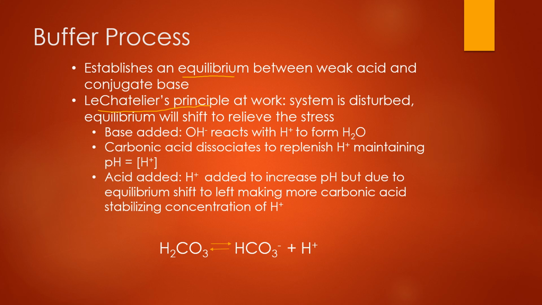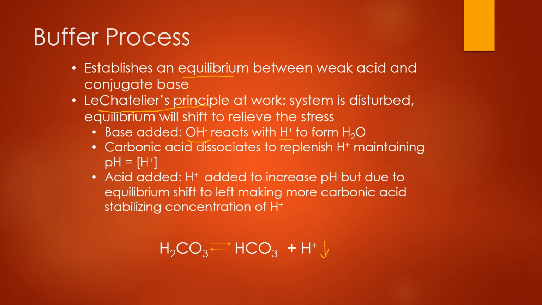So if we add a base, for example, that base, that OH minus, is going to react with H plus to form water. So if that OH minus is reacting with H plus, that means our concentration of H plus is going down. All right, well, if that H plus goes down, what's going to happen?